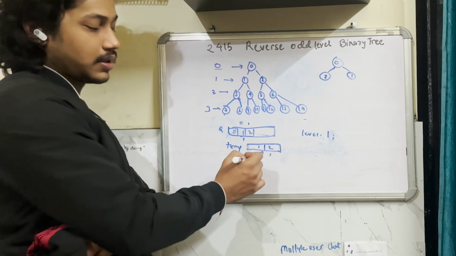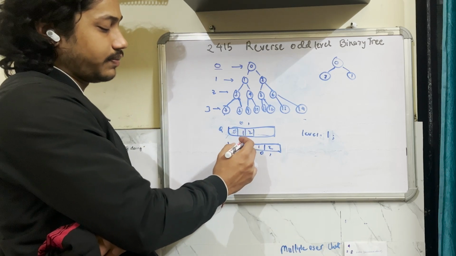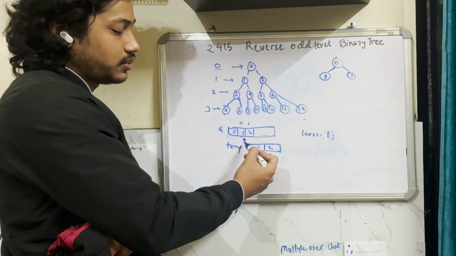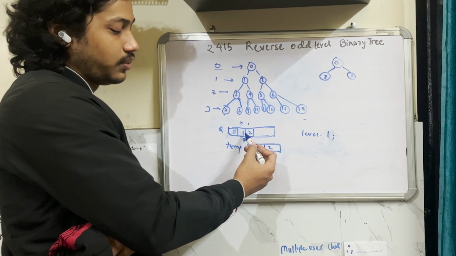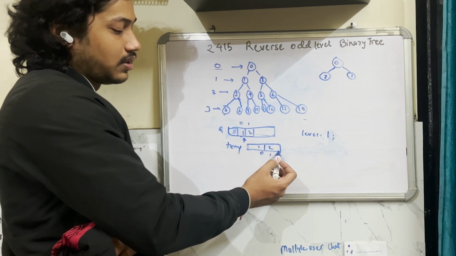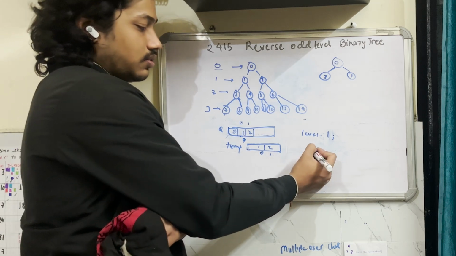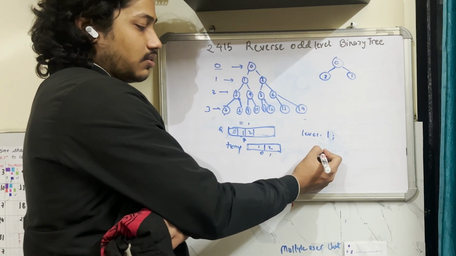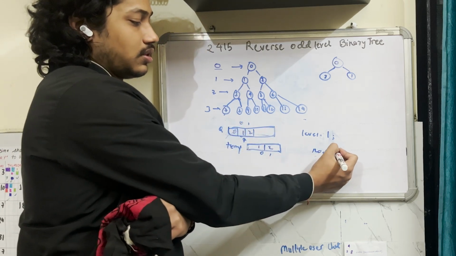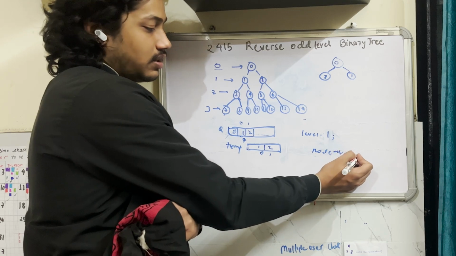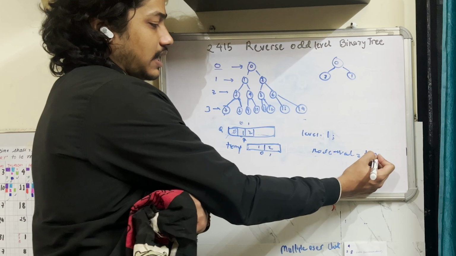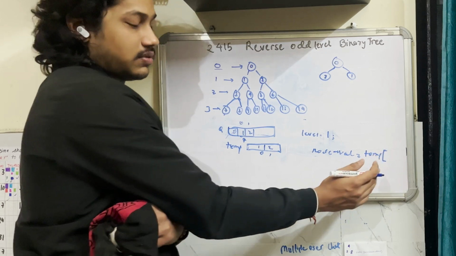If the level is odd, you want to switch the values, so you want to have 2 here. The value at this position will be the last value. So you take the node at the front of the queue, node arrow val, which corresponds to the value, and set it equal to the temporary array. I hope this is visible.